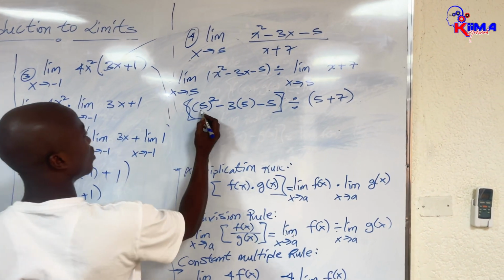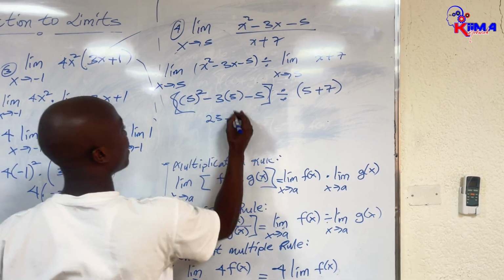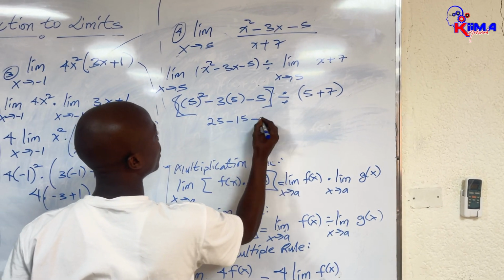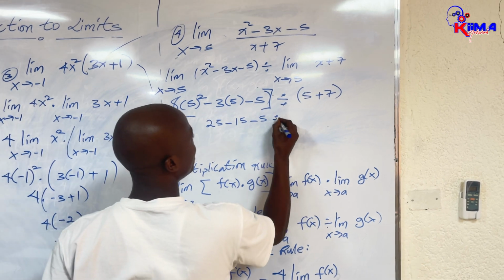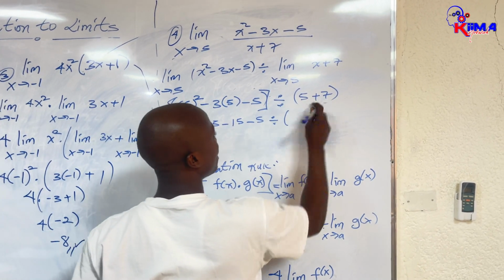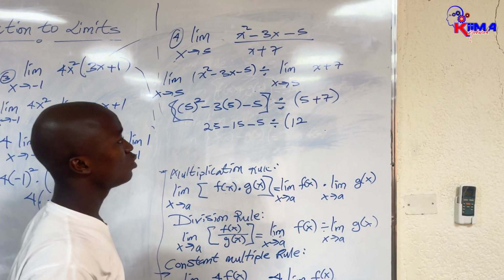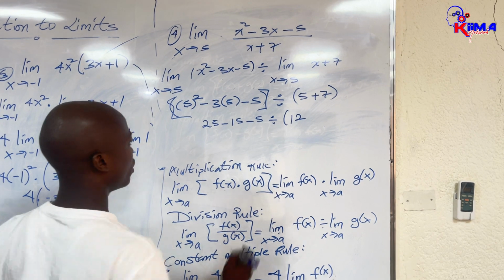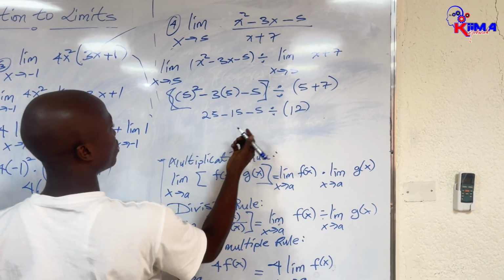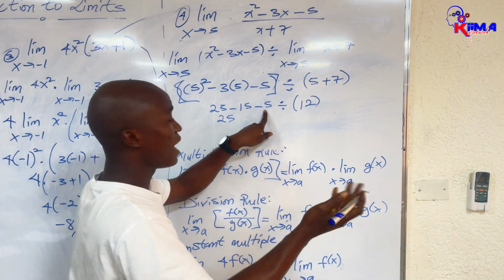So now let's continue. 5 squared is 25 minus 3 times 5, which is 15, minus 5, all should be divided by, we add these two values, we get 5 plus 7, which will give us 12, right? 12. So now let's do our subtraction here. We get 25, negative and negative, so we can add them.